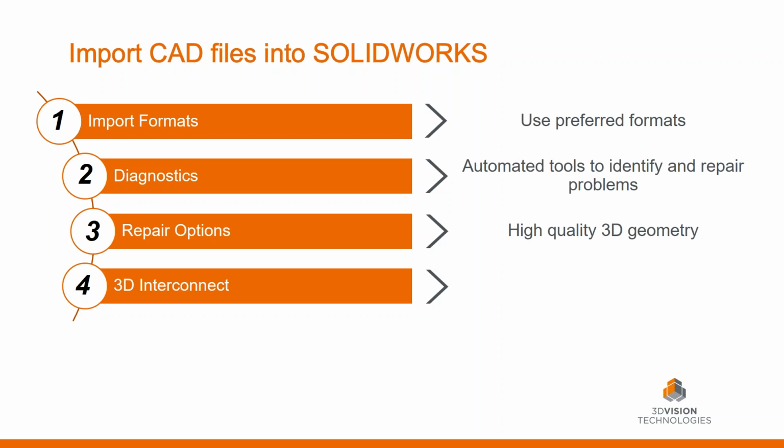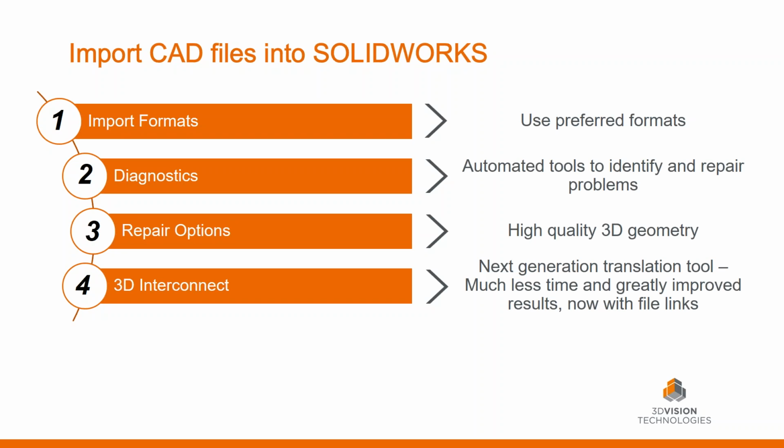And finally, we showed you 3D Interconnect. It's a brand new tool in SOLIDWORKS 2017. It's a next generation translation tool. It takes much less time to bring parts from third-party CAD files into SOLIDWORKS, and it's greatly improved results as we showed, and now with option of having file links.